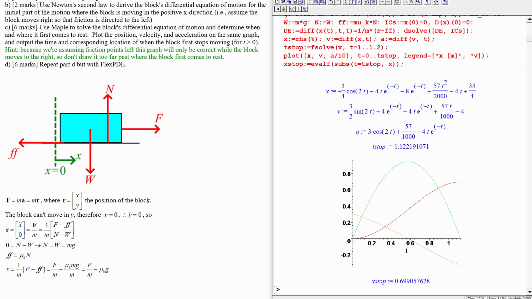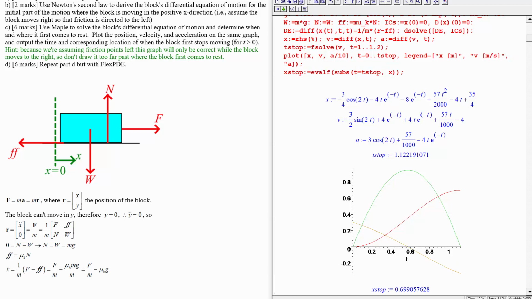And then we'll go v in meters per second. And then we'll go a in, let's see, since we divided it by 10, something like 10 meters per second squared, right?